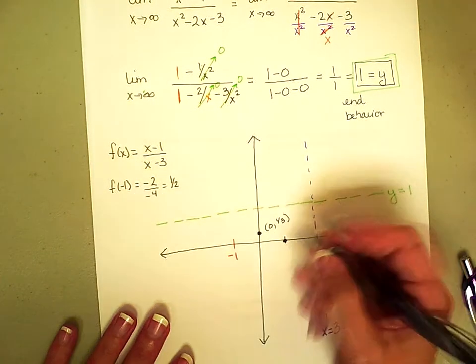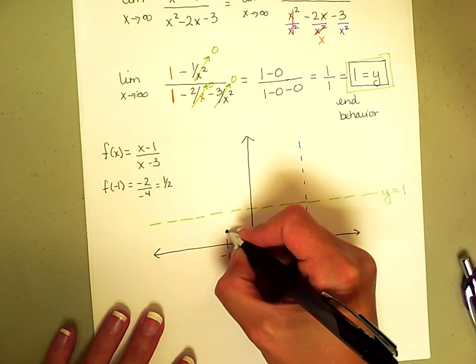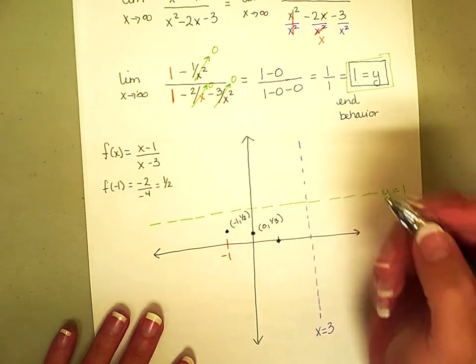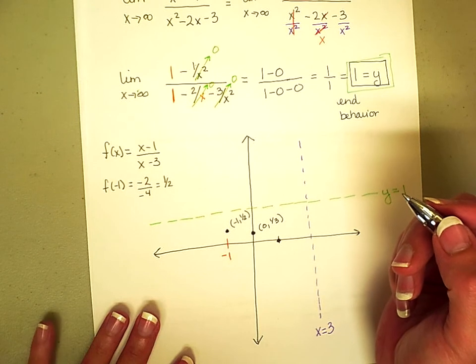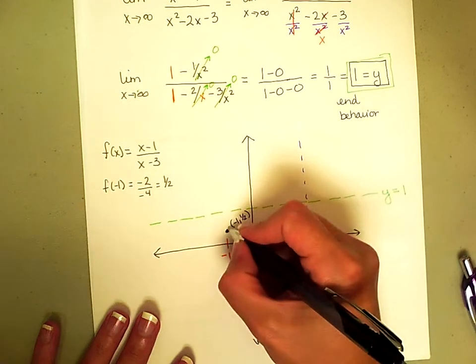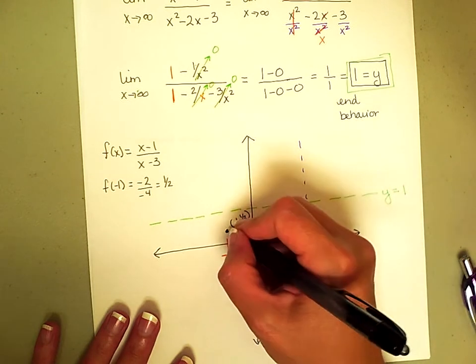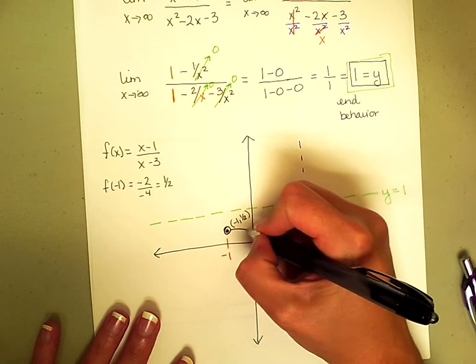We get negative 2 over negative 4, which is a positive 1/2. So in this case, we get the point (-1, 1/2). But this needs to be an open circle.